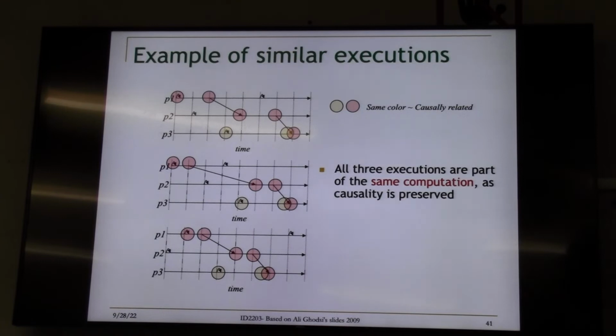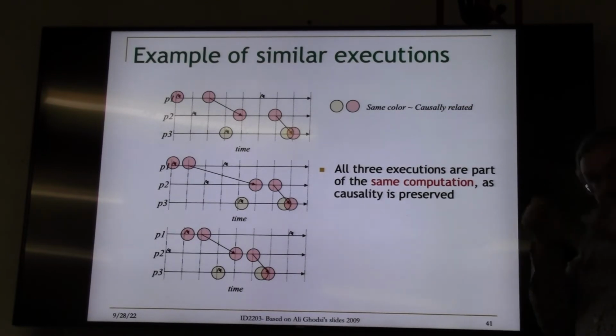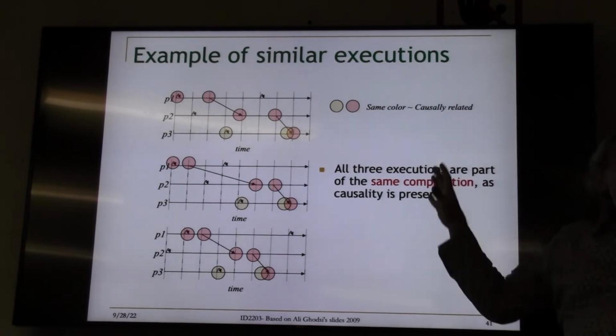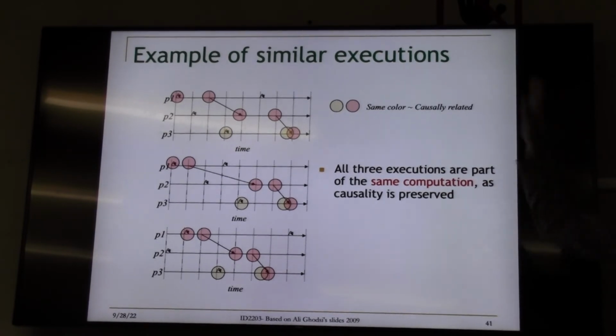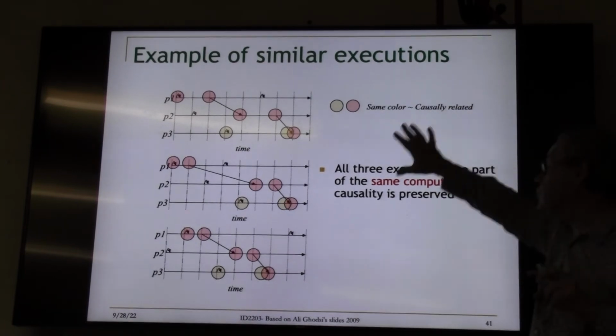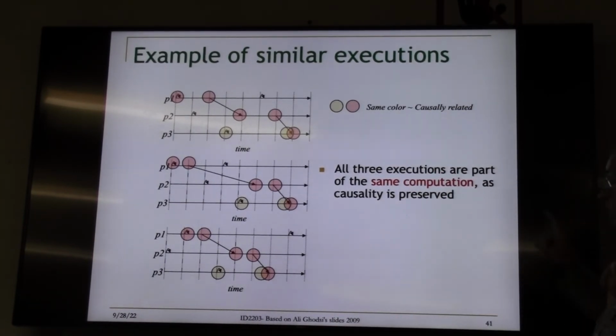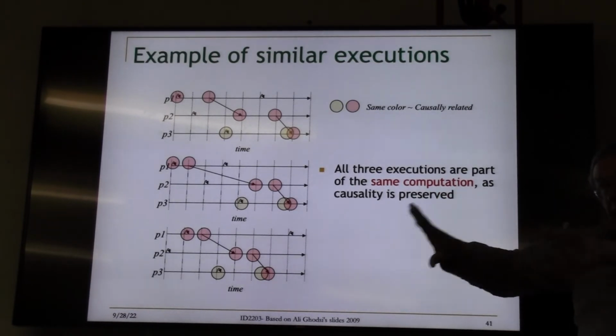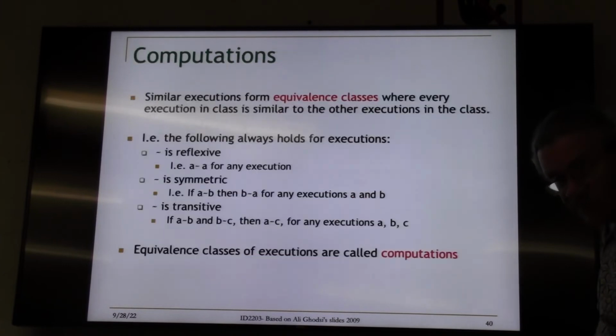The result will be the same, because they respect causality. That means each time you do an event, you are basing it on the same previous thing, so you're doing exactly the same work. You see that? So executions are not really the thing, because you can have lots of variations on the executions. The thing that really determines what you're doing is the computation. Somehow you factor out the causality.